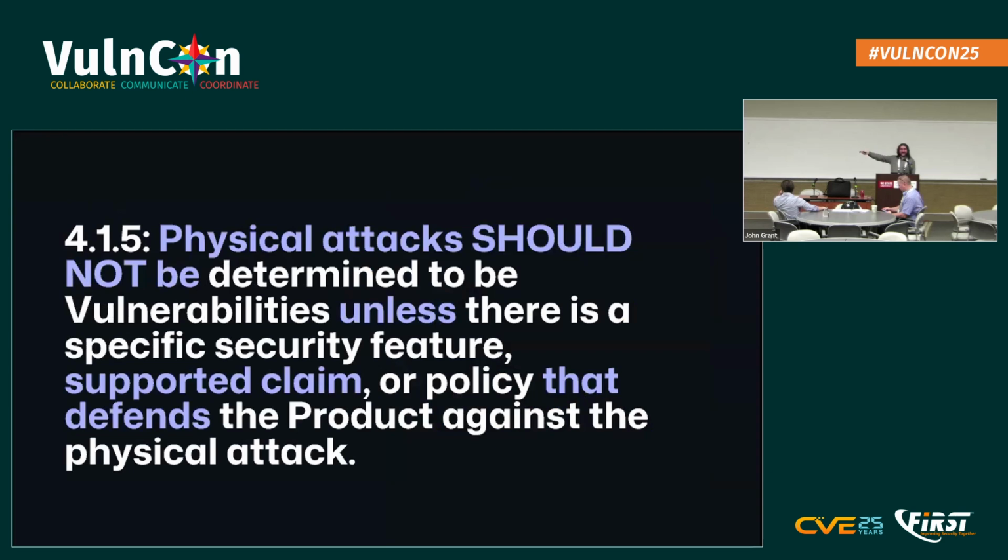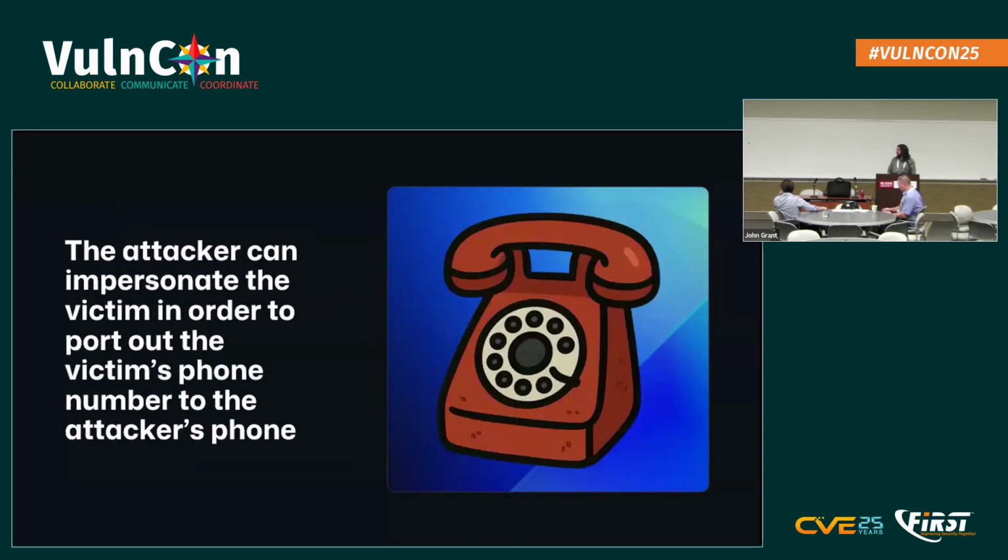Right? There's that last part on there that says, unless they make a claim. An attacker can impersonate the victim in order to port out the victim's phone number to the attacker's phone. Yes? Any no's? All right, we have some no's there.